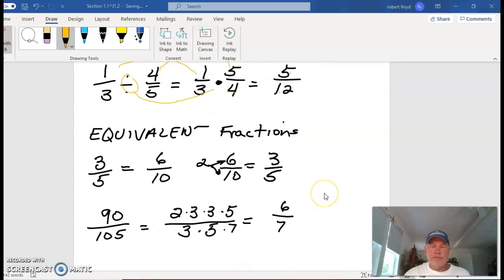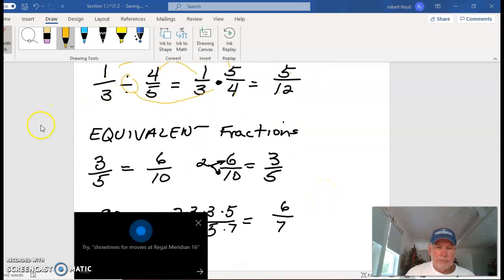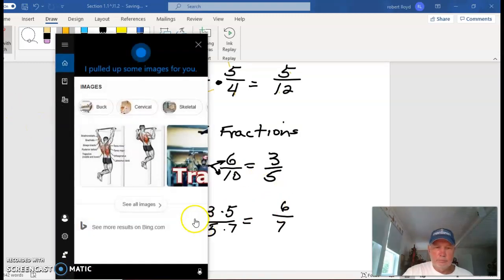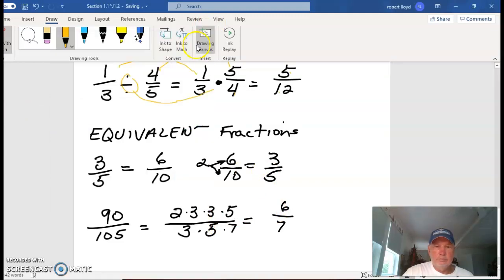Equivalent fractions. Hence, they are equal, so they're equivalent, but they have different denominators.